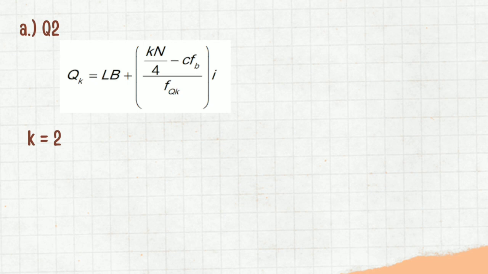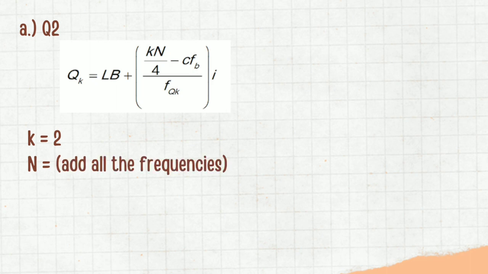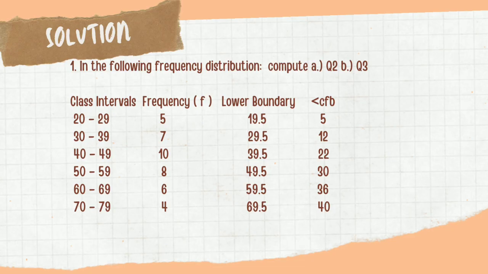To find N, or the total frequency, we will have to add all the frequencies. So N is equal to 5 plus 7 is 12, 12 plus 10 is 22, 22 plus 8 is 30, 30 plus 6 is 36, and 36 plus 4 is 40. So our total frequency is 40. So let's put 40 here.